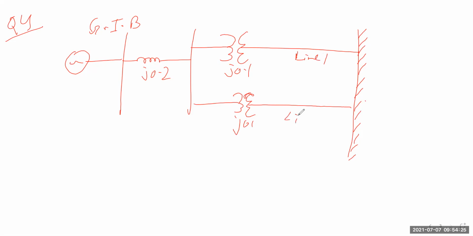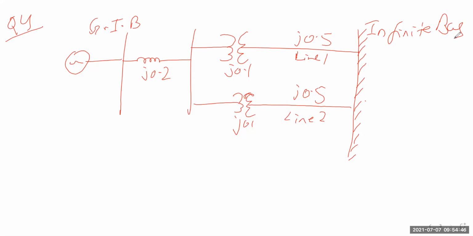Line 1, line 2, j0.5, j0.5, and this is the infinite bus. This is the question that was given.